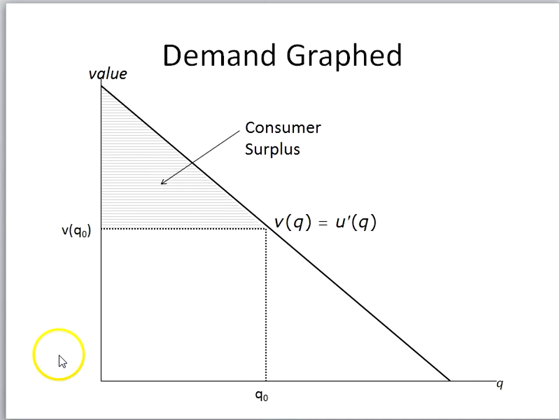Let me try to rephrase that. Imagine that you're very thirsty and you're willing to pay a lot of money for the first bottle of soft drink. However, you don't need to pay that much because the prices are down here.